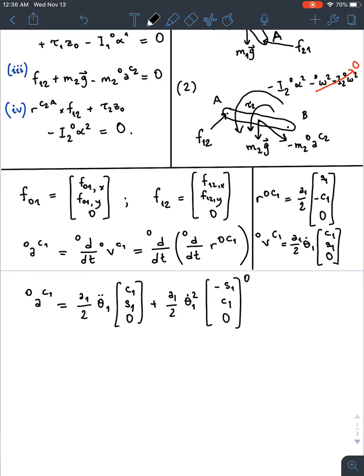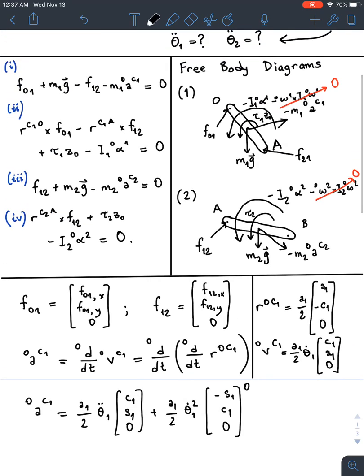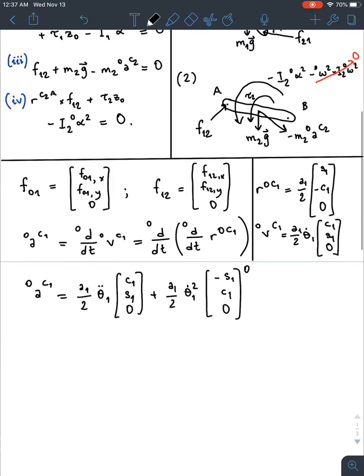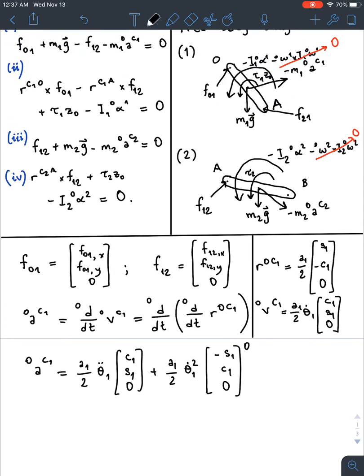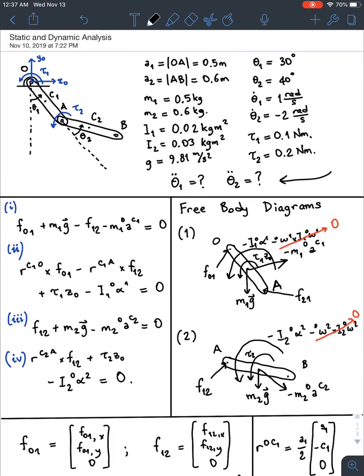And all of these vectors are, of course, expressed in the zeroth frame. So I can go ahead and plug that in the first equation right here. And what I get is something like f01x, f01y, 0, plus m1 times 0, minus g, 0, because gravity acts in the negative y0 direction by assumption.